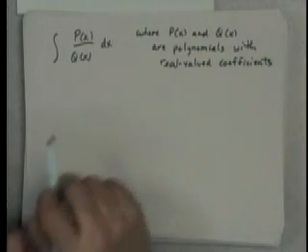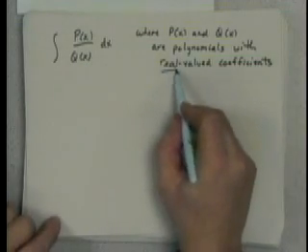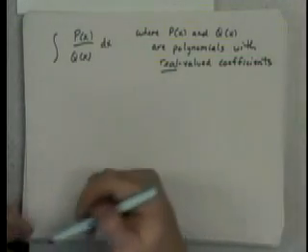So we're looking at antiderivatives of rational polynomials, and again, we're talking real valued. We're going to restrict ourselves to real valued coefficients.